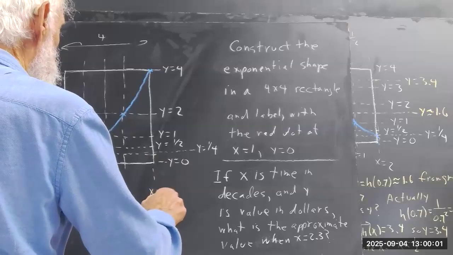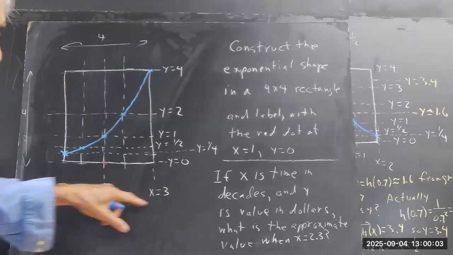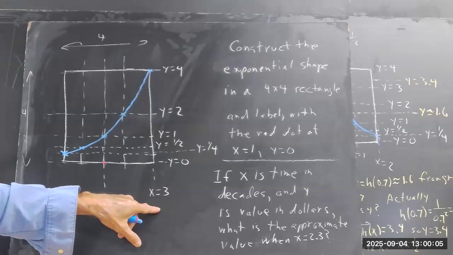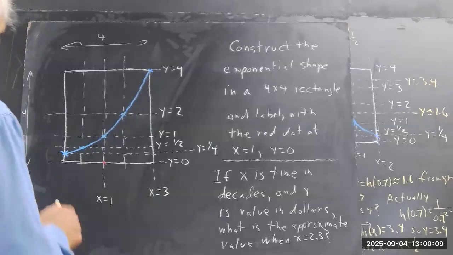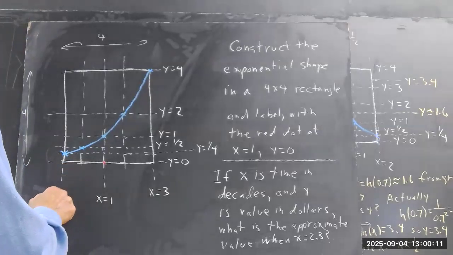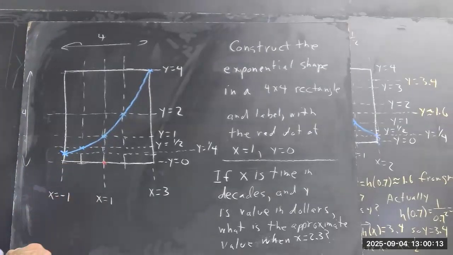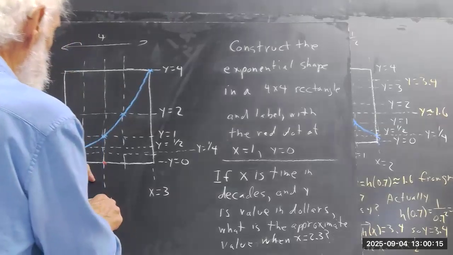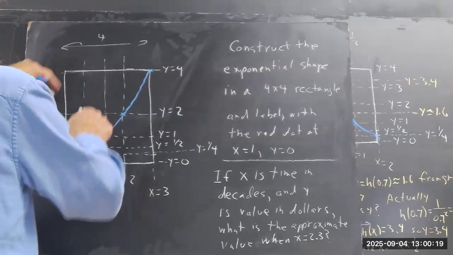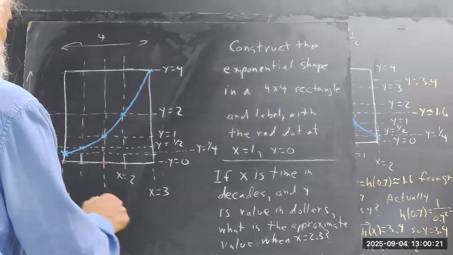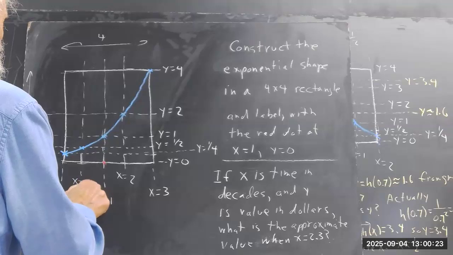So here's x equals 3 because from 1 to 3 is 2 units, right? And if we go to the left 2 units from x equals 1, we're going to get x equals -1. And then halfway between 1 and 3 is this line, that's x equals 2. And halfway between -1 and 1 is x equals 0.